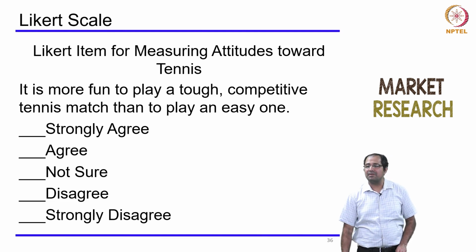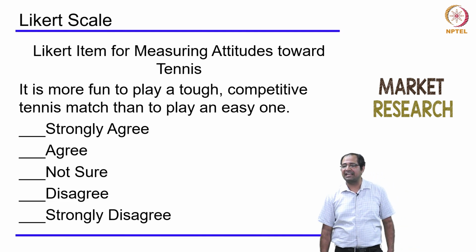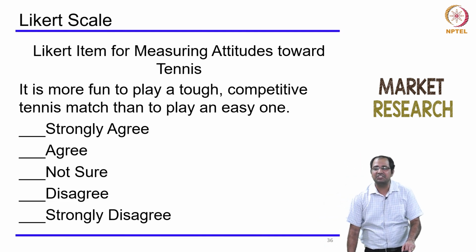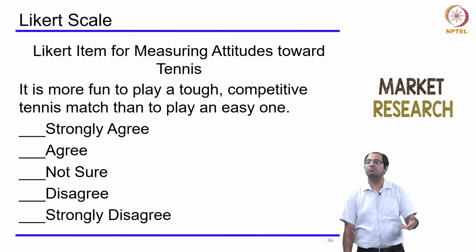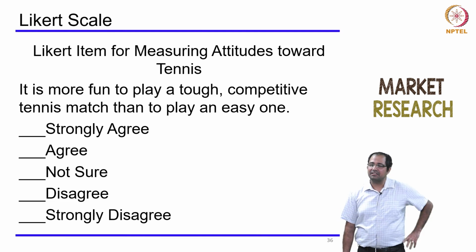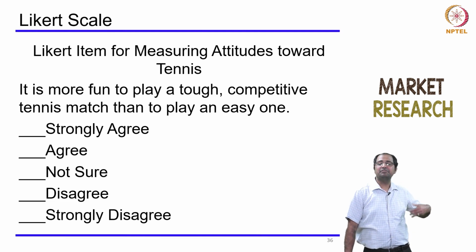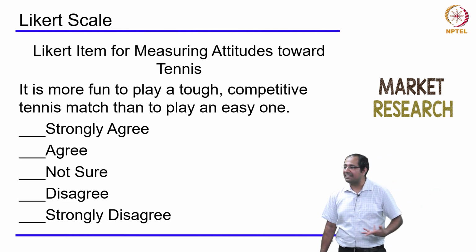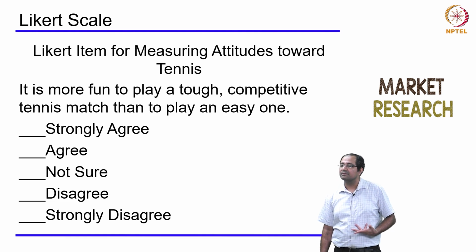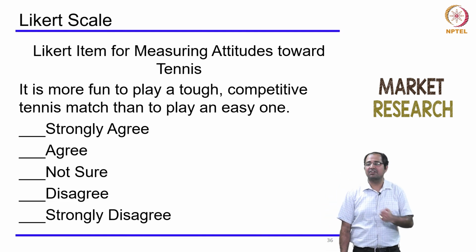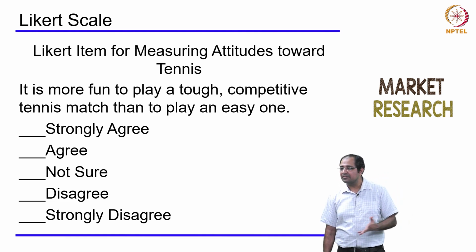Now let's say I am measuring this attitude towards tennis not with only one Likert item, but I add 3, 4 more items. One is this item, then another one is the time seems to pass very quickly when I play tennis. I feel engrossed when I play tennis.